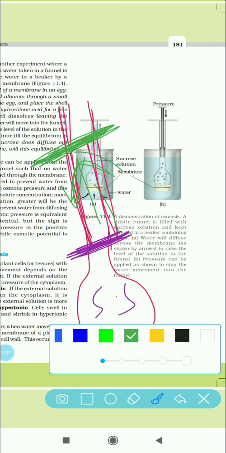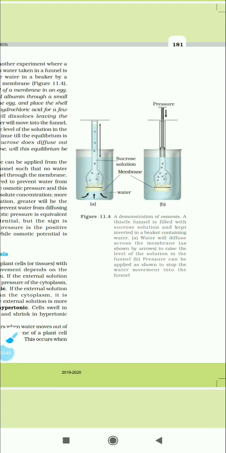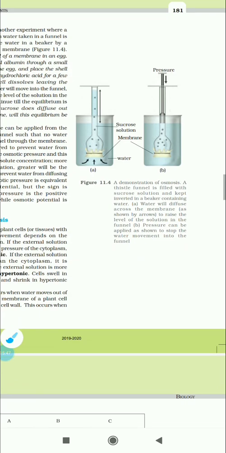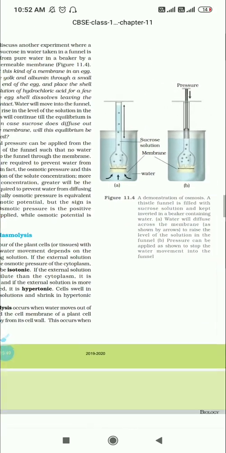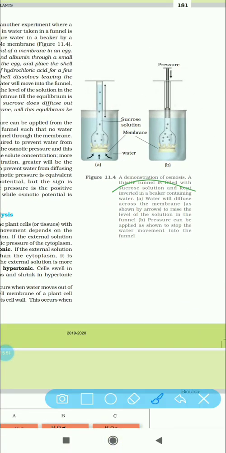This increase is because of the water coming from the outside. So it shows that water is diffusing across the membrane, as you can see by these arrows.